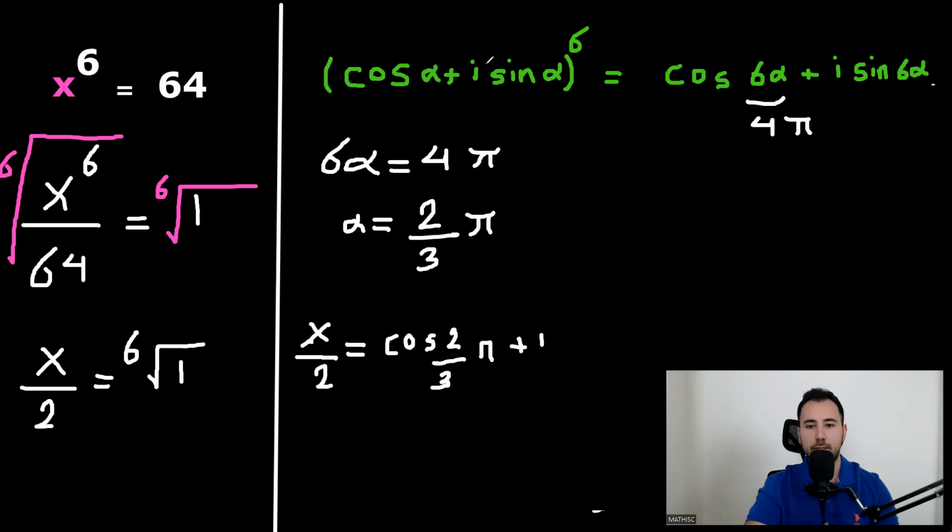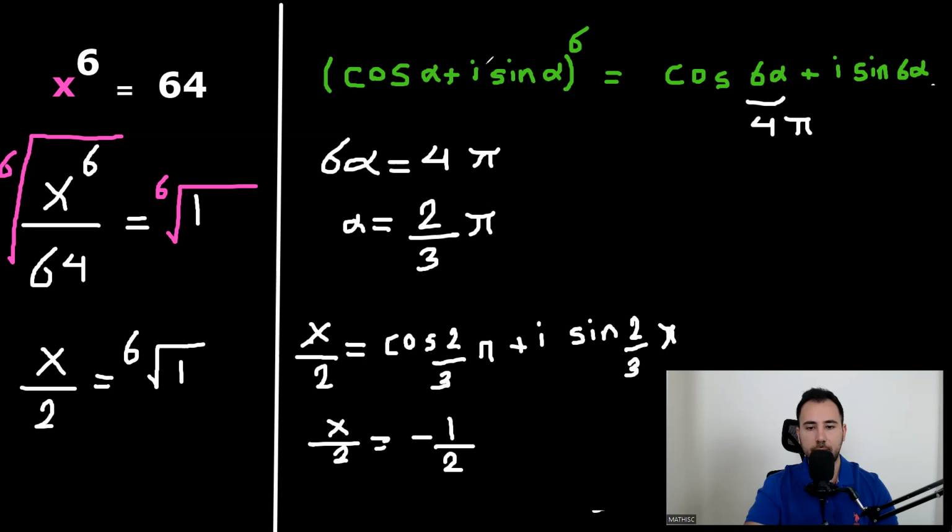Plus i sine 2/3 pi. Okay. This would be 120 degrees. So x over 2 would be -1/2. Okay.